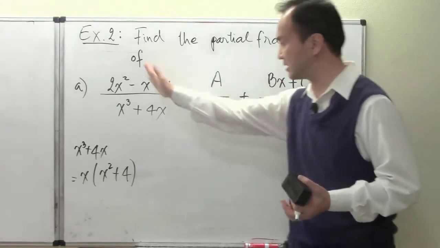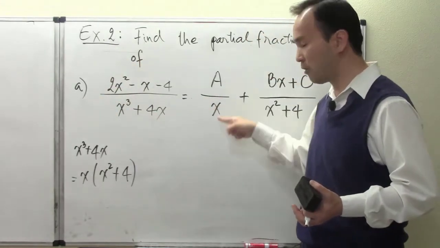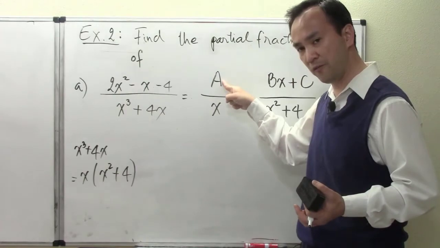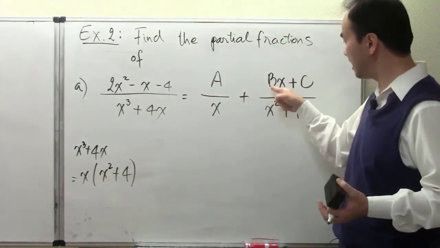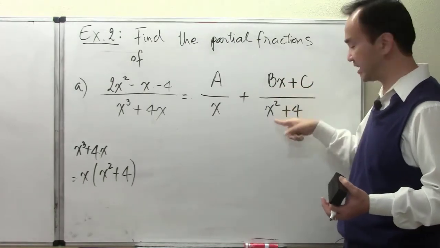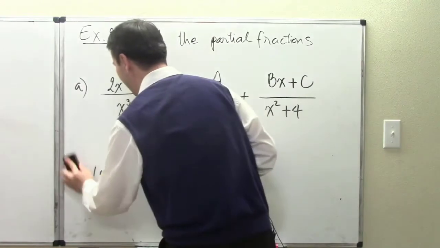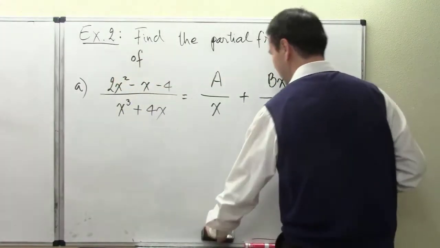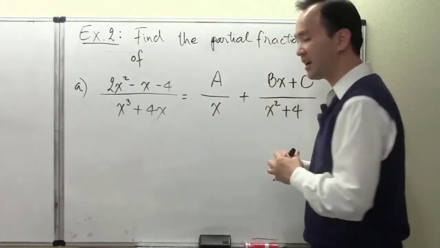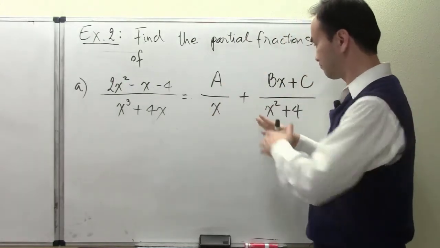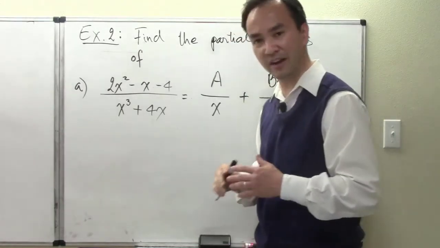So we want this starting rational function to equal some a over x, one simple coefficient over x, which came from our linear factor, and then a linear bx plus c over x squared plus 4. Once I have explained how we set up the general partial fractions, everything goes back to how it has always been.